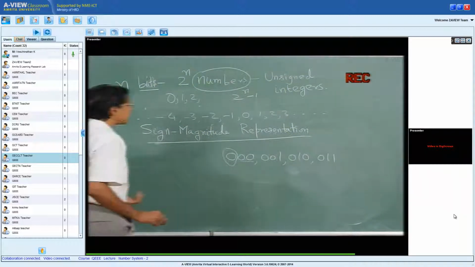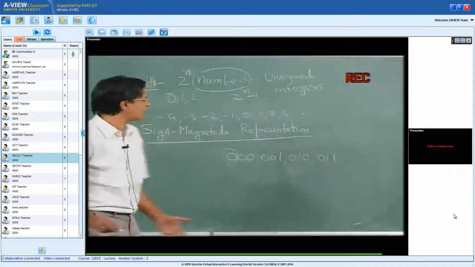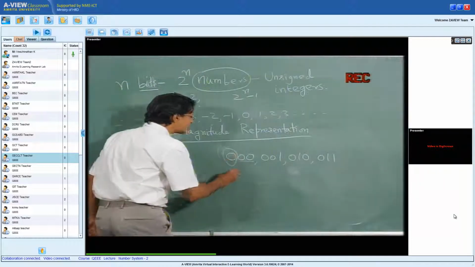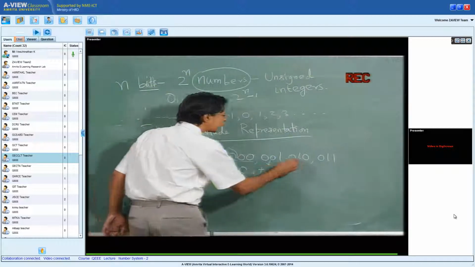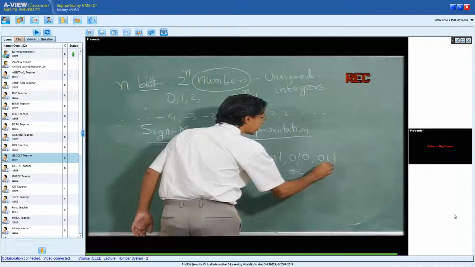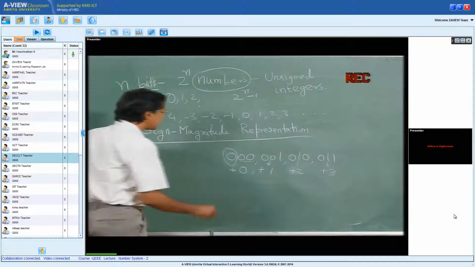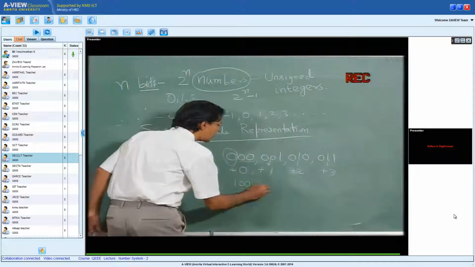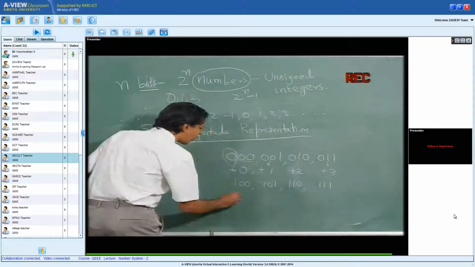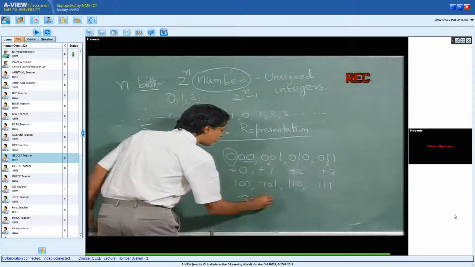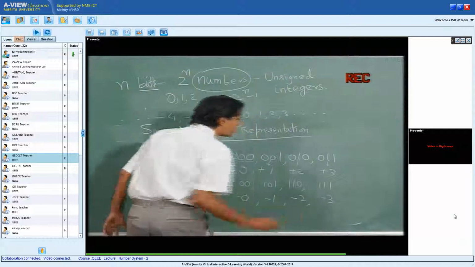That is why this representation is called sign magnitude representation. So this will stand for plus 0, plus 1, plus 2, plus 3. Then everything else starts with 1: 1 0 0, 1 0 1, 1 1 0, 1 1 1. This will stand for minus 0, minus 1, minus 2, minus 3.